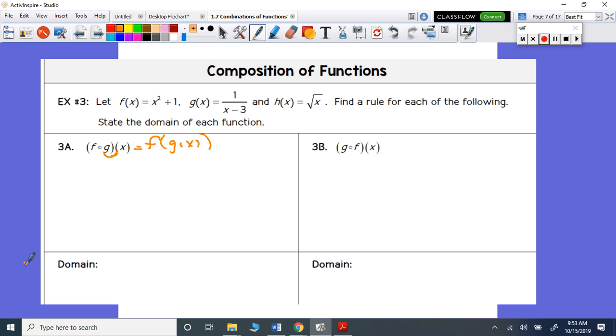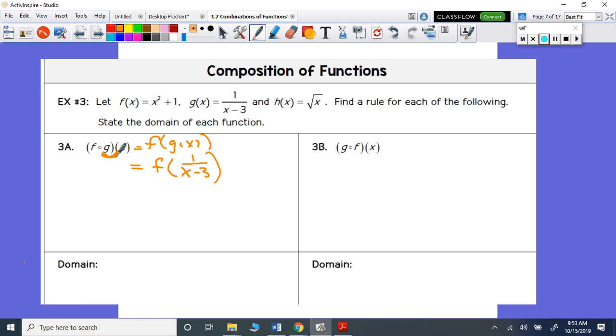Once you get that step, you should be good to go, because it's just easy plug and chug from here. What that means is for all the x's in f, plug in g of x. In my beginning, g of x is 1 over x minus 3. But you got that from the composition statement.